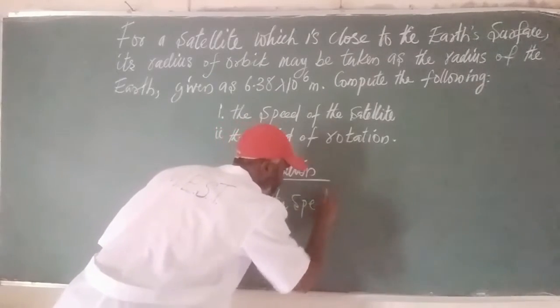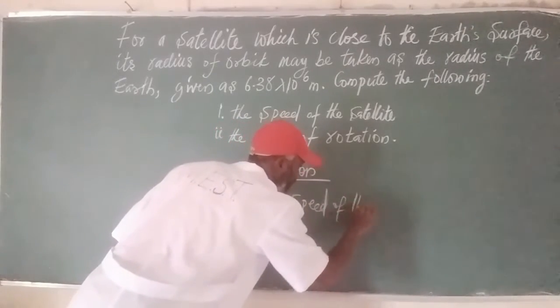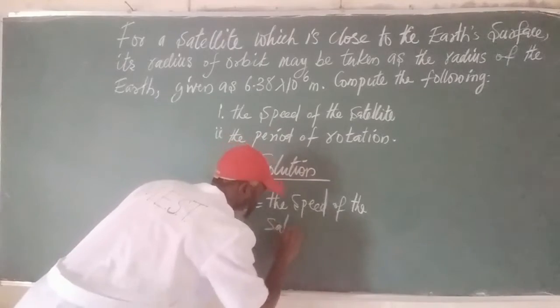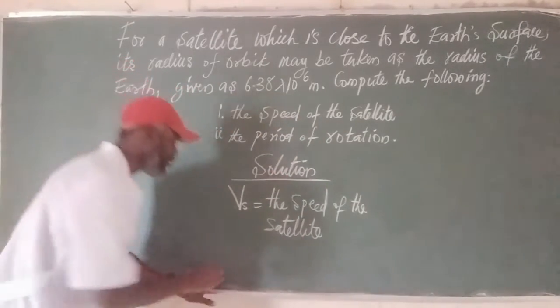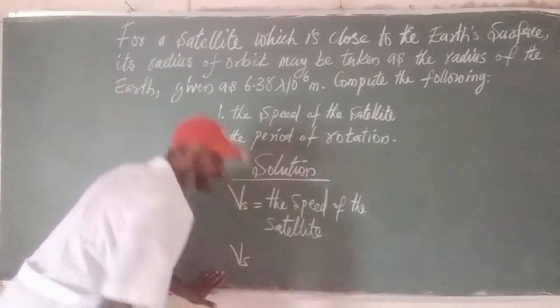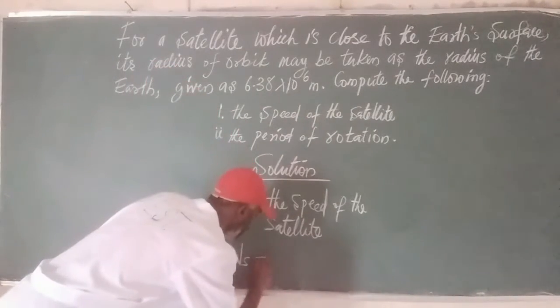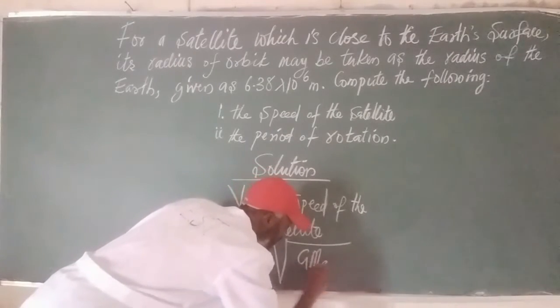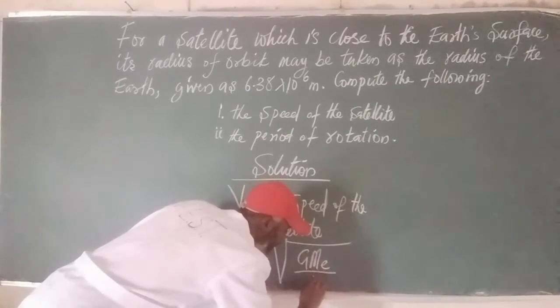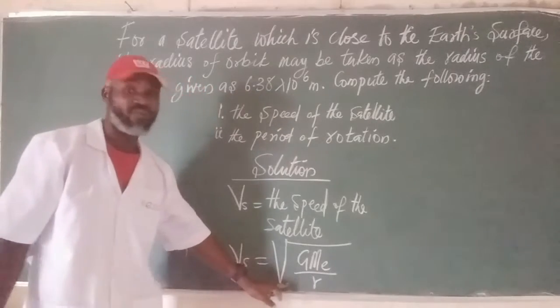The speed of the satellite is stated mathematically as Vx equal to square root of G Me over r. So we take note of this.